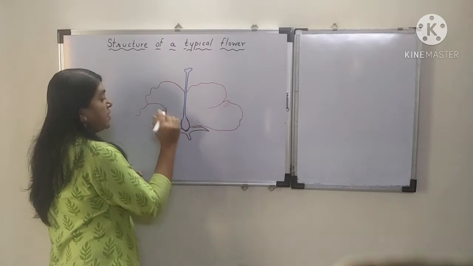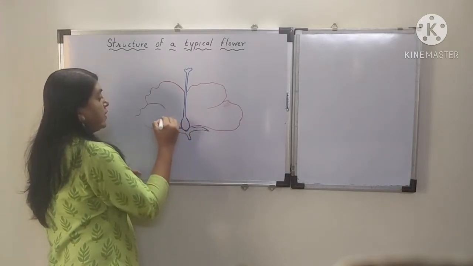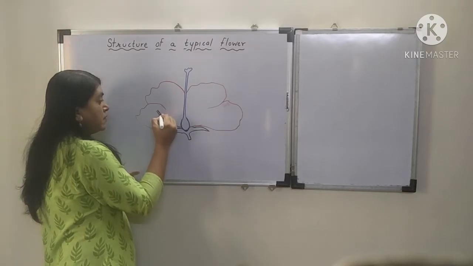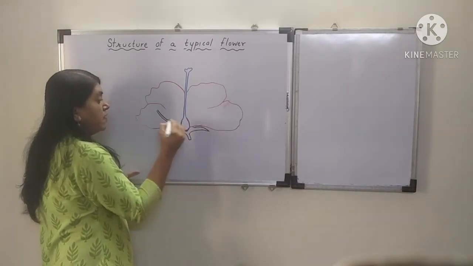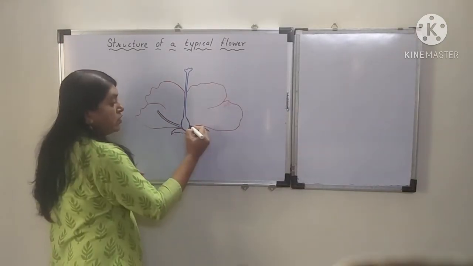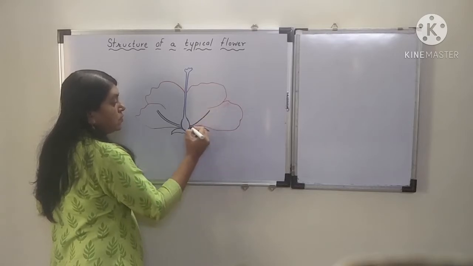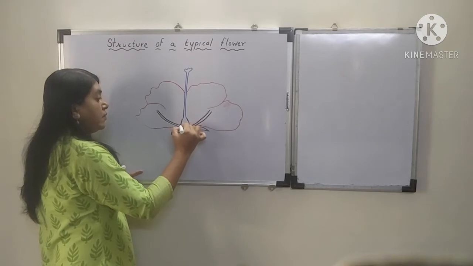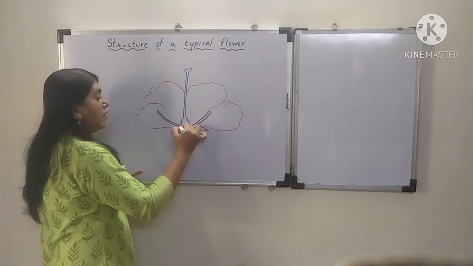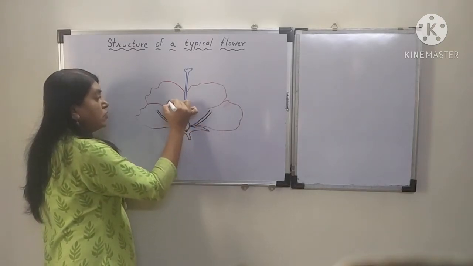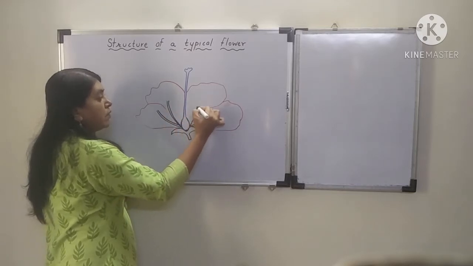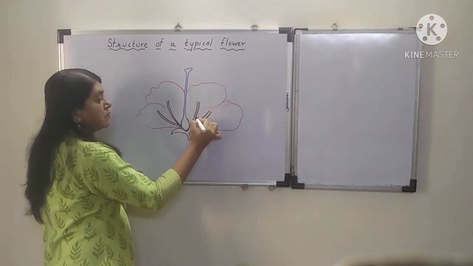Now we will draw the anther or the stamens of the flower. We start from the base like this. Again two parallel lines this way. Show it on the opposite side also this way. Then again show two more anthers like this.